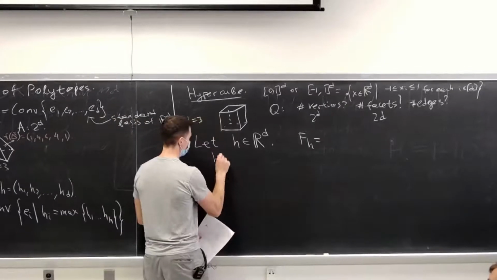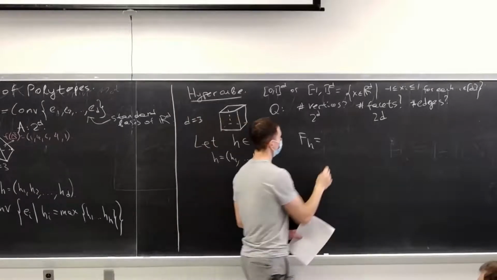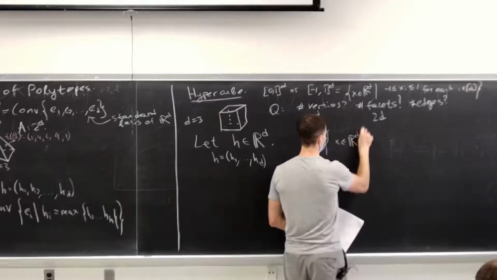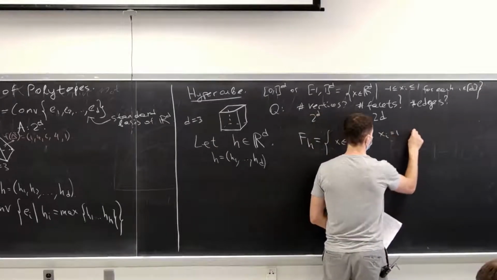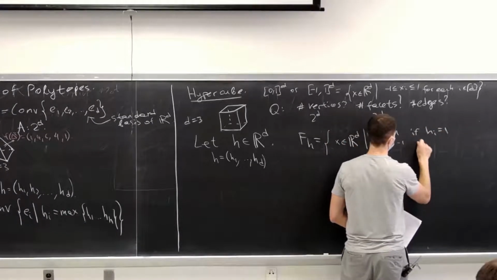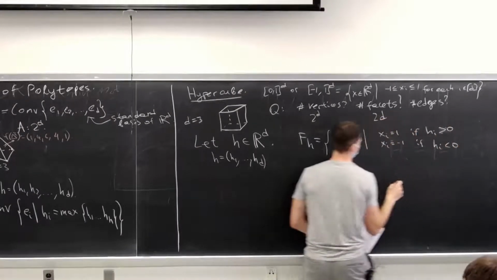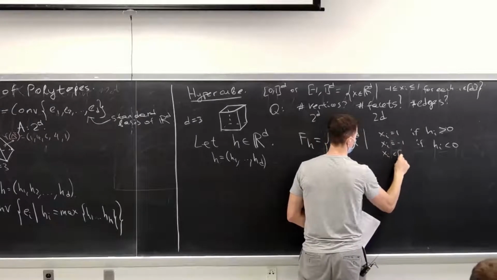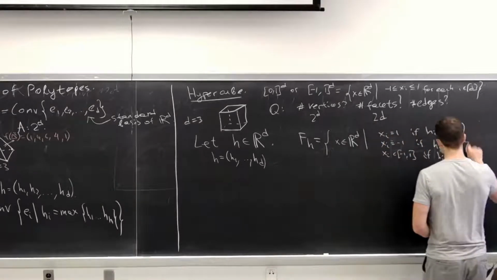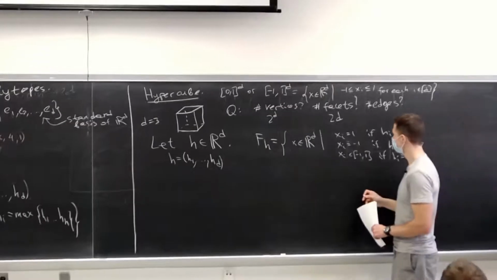So if h is in R^d, then F_h is the set of points x in R^d where x_i is equal to 1 if h_i is positive, -1 if h_i is negative, and x_i is arbitrary if h_i is 0. By just taking the dot product, you see that the maximum is going to be here.